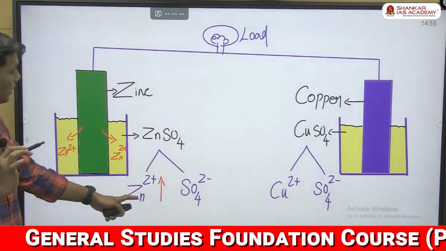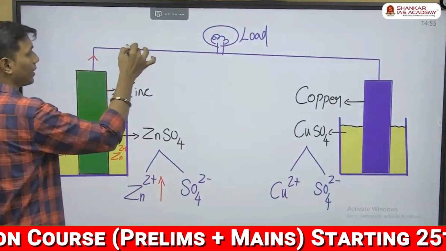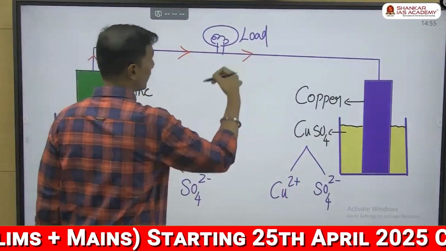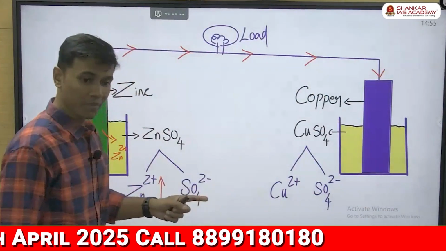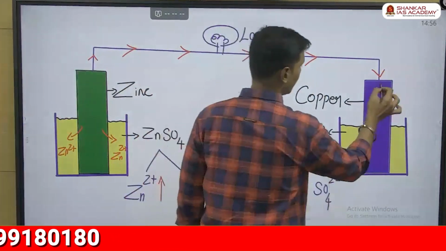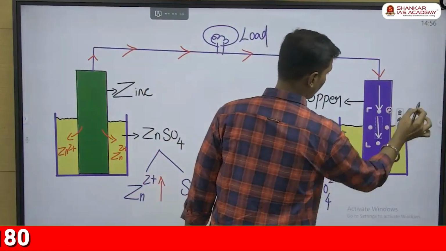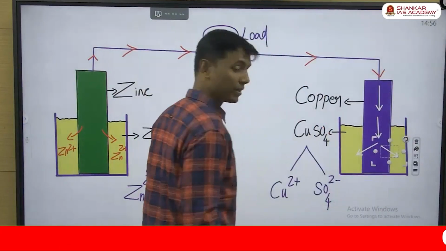Yes. Other than Zn2+, what is produced here? Electrons. These electrons start moving in this wire. Movement of electrons creates electricity. It reaches the other side. It reaches which metal here? Copper metal here. After reaching the copper metal, these electrons will move and reach the copper sulfate solution.